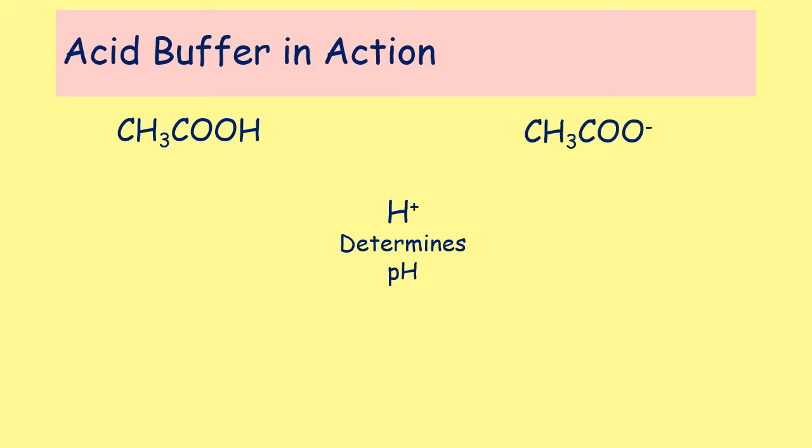So this is a buffer made from ethanoic acid and an ethanoate salt, probably sodium or potassium ethanoate. And that combination in solution has your acid on the top left there, which is a neutral molecule.